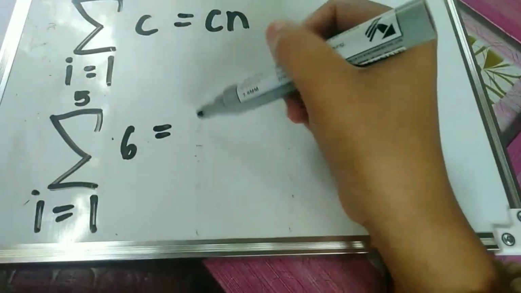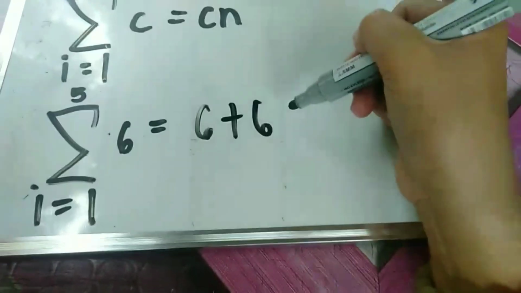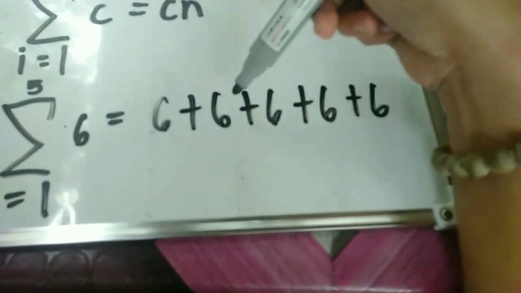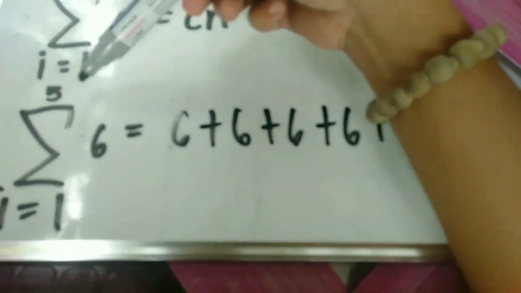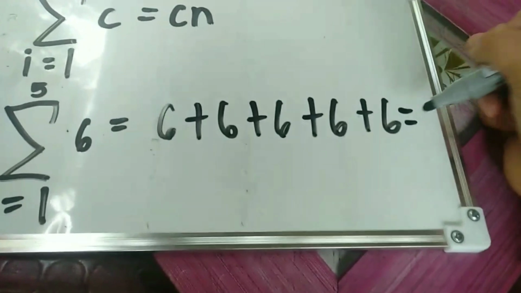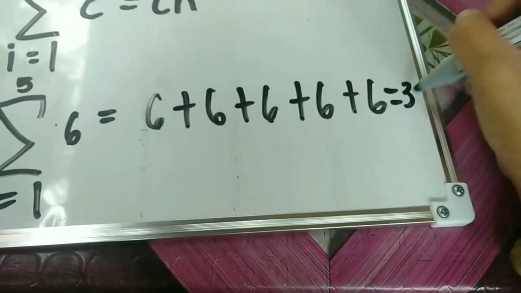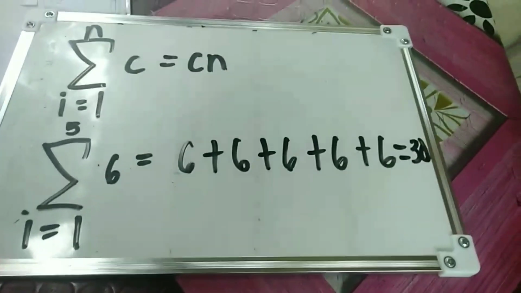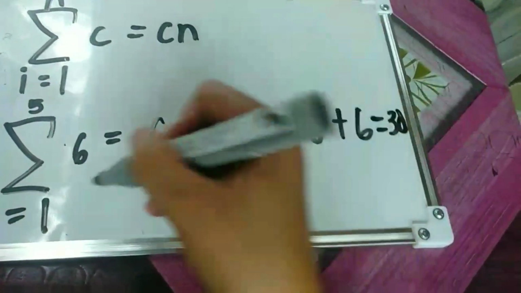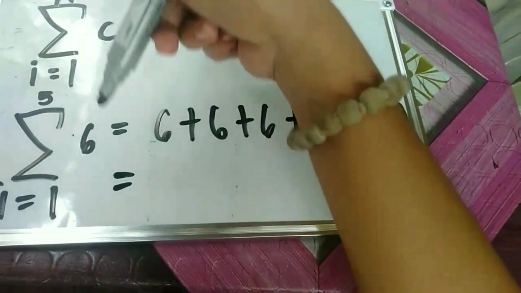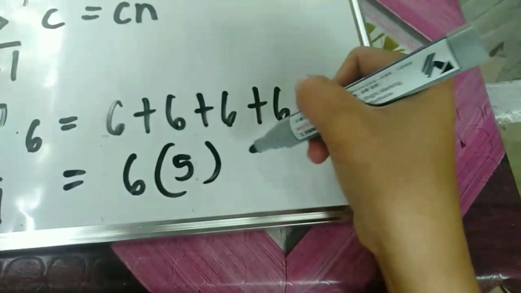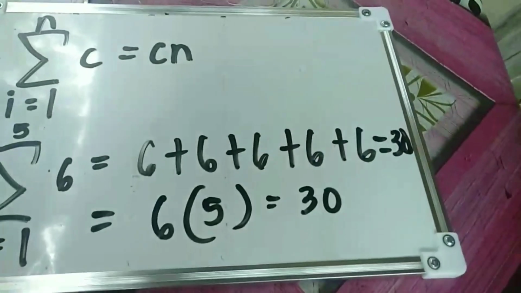Okay? 6 plus 6 plus 6 plus 6 plus 6. 1, 2, 3, 4, 5. 5 siya kasi 5 ang kanyang stopping point. So that equals 30. Kung gagamitin natin ang formula, c times n, c is 6 and n is 5. 6 times 5 equals 30.